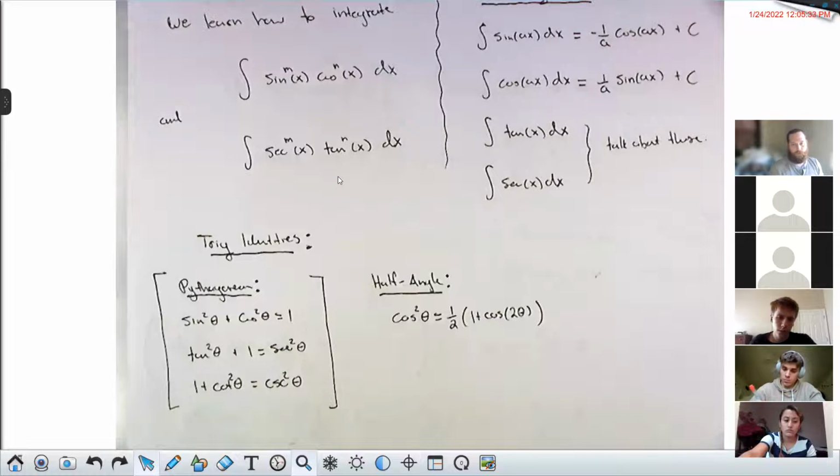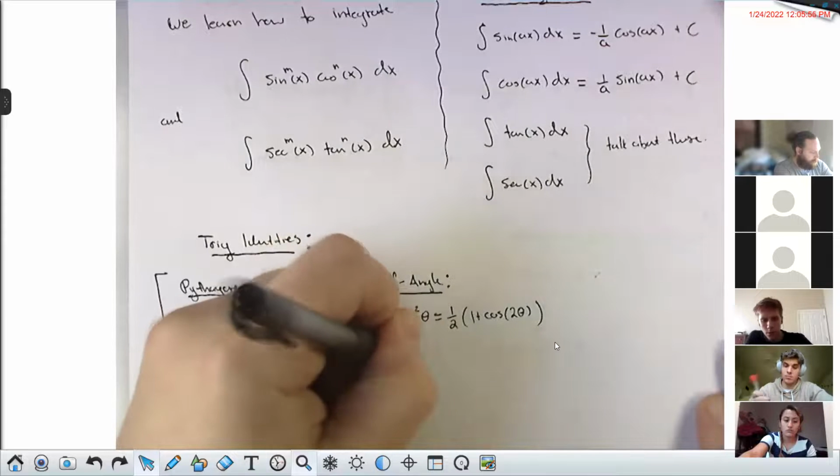You may have seen these with x over 2 here and x here, literally the same thing. You may have seen a version of this where it says 1 plus cos 2x over 2, or maybe even with this square gone, having taken a square root on both sides. This is the form that is useful for us in Calc 2.